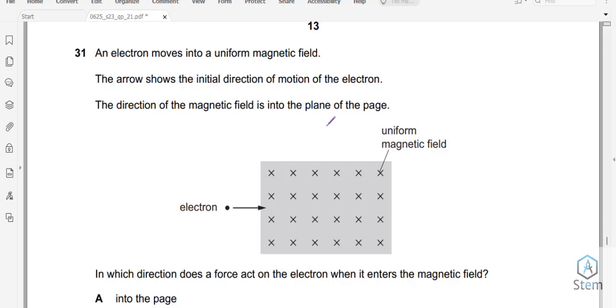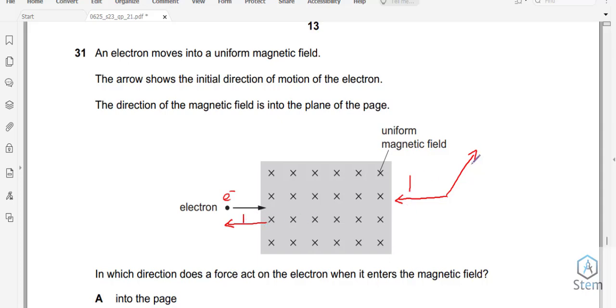So, if I do my left-hand rule, the field is pointing into the page. And the current is pointing in this direction. An electron is negative. We know that negative charge and conventional current oppose in direction.